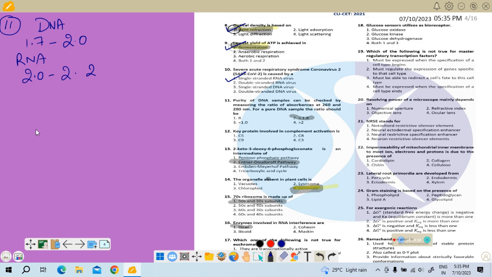Now equivalent to 1.8, that is pure. Now less than 1.6 means there is presence of proteins, phenols, contaminants.